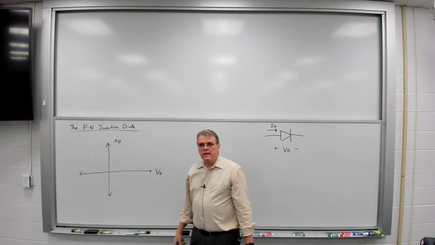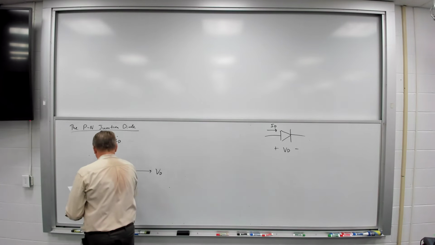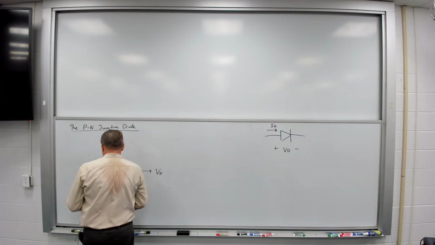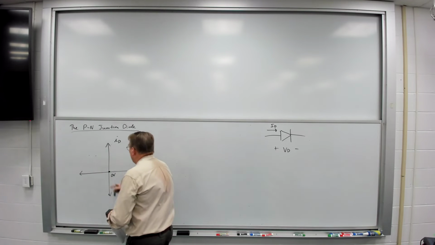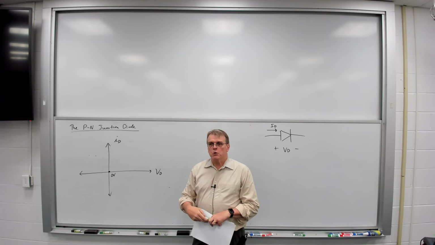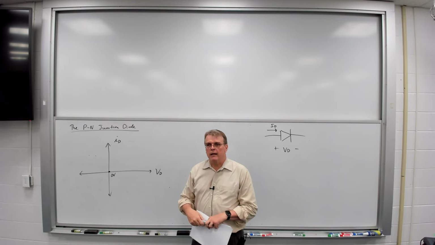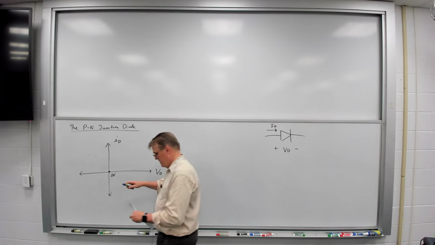So let's look at VD versus ID. If we were looking at a PN diode, I'm going to sketch out what the actual characteristics look like, voltage versus current.